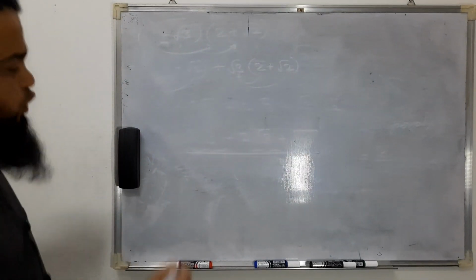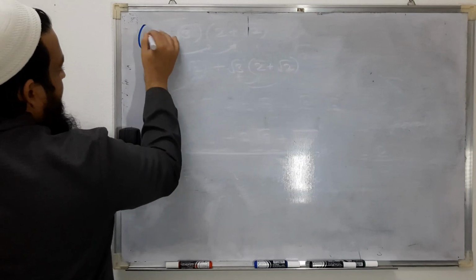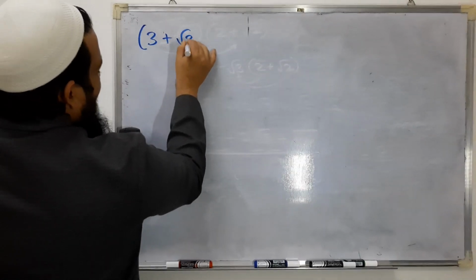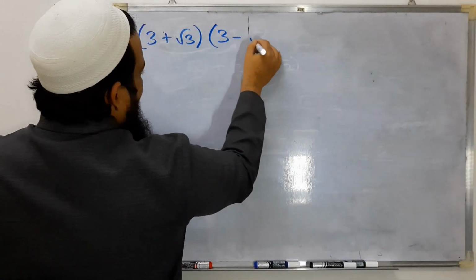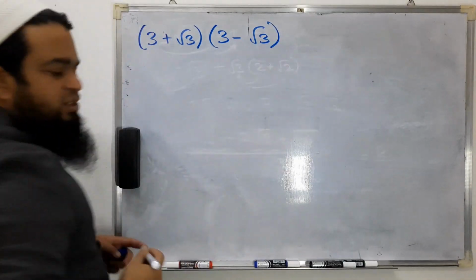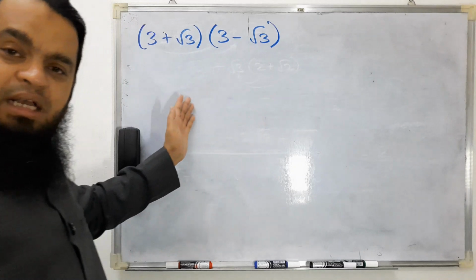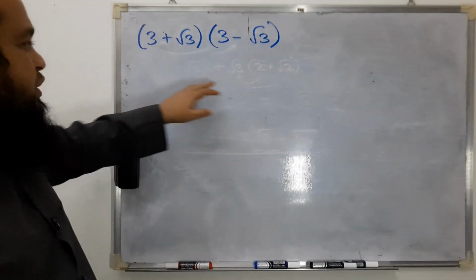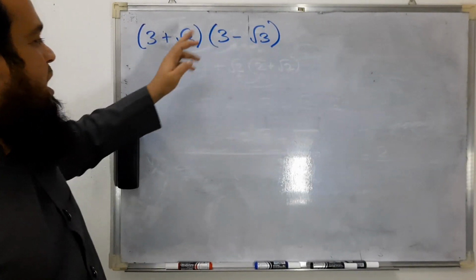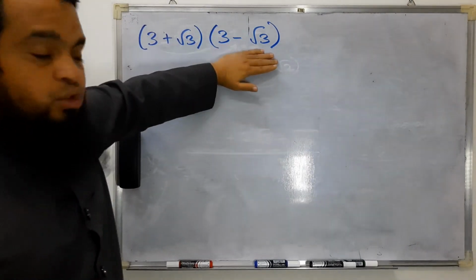(3 + √3)(3 - √3). It's very simple. If you remember, you can do as the previous also. You can distribute 3 to this expression, and the second term √3 to the second expression.